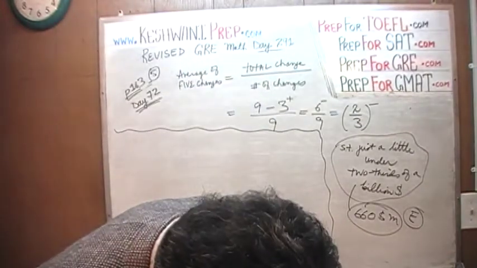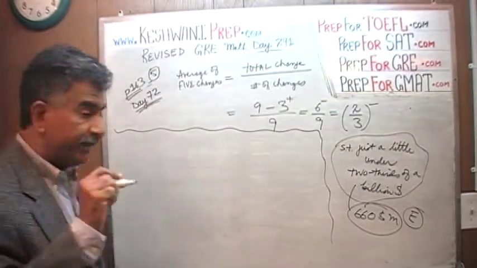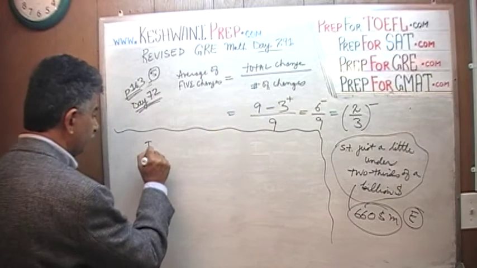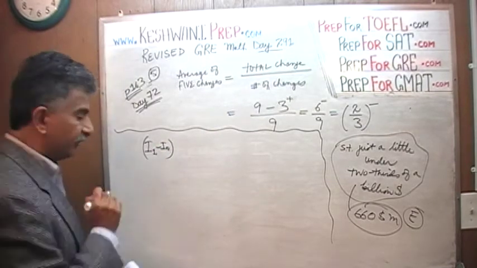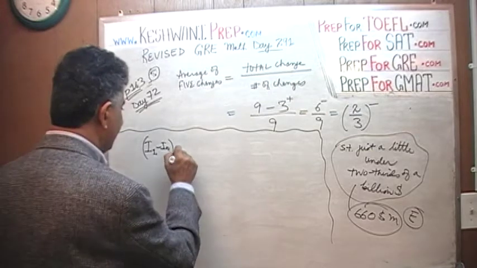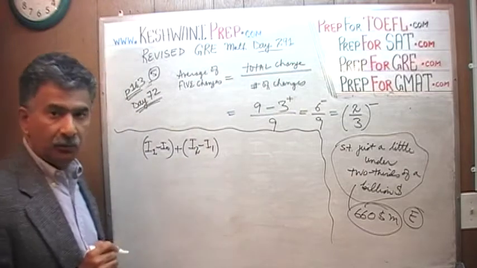From 2000 to 2009, the very first change is going to be the imports in 2001 minus the imports of year 2000. The second change is going to be the imports of 2002 minus the imports of 2001.